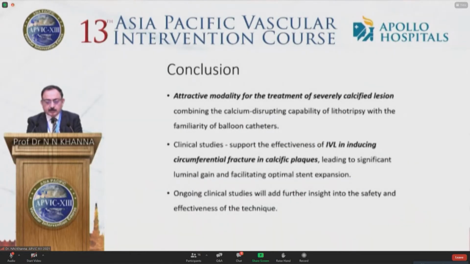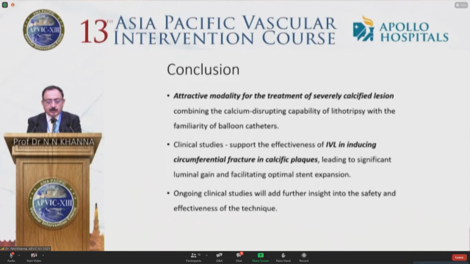So in conclusion, it's an attractive modality for treatment of severely calcified lesions, combining the calcium disrupting capability of lithotripsy with the familiarity of balloon catheters. Clinical studies support the effectiveness of IVL in inducing circumferential fractures in calcific plaques, and this leads to significant luminal gain, and it facilitates optimal stent expansion.